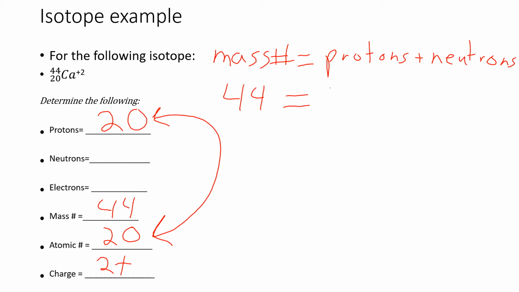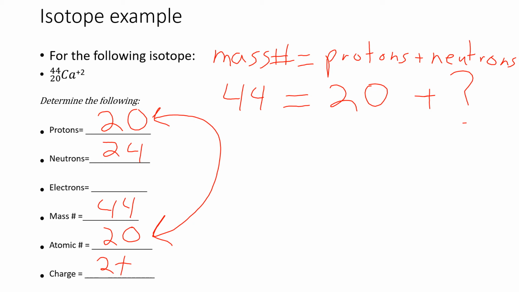Well, we already have 20, so of those 44 total mass units, 20 of them come from the protons. That means the rest of them had better come from the neutrons. That's going to give us our total of 24 neutrons. 24 plus 20 would give us our 44 total for that mass number. So you take 44, subtract off what you already know, the 20 protons. The rest of it has to be your amount of neutrons.